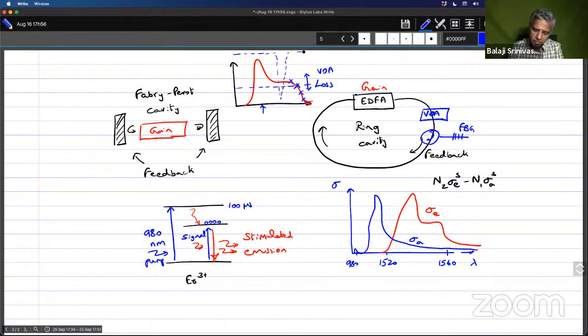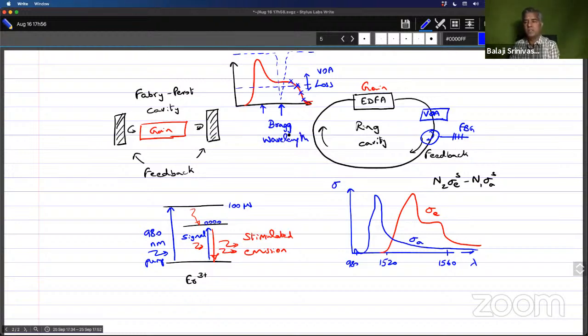At one wavelength it will have very low loss, and at all other wavelengths it will have very high loss. That means that the gain meeting the loss condition is satisfied only at that wavelength, and this wavelength is called the Bragg wavelength.